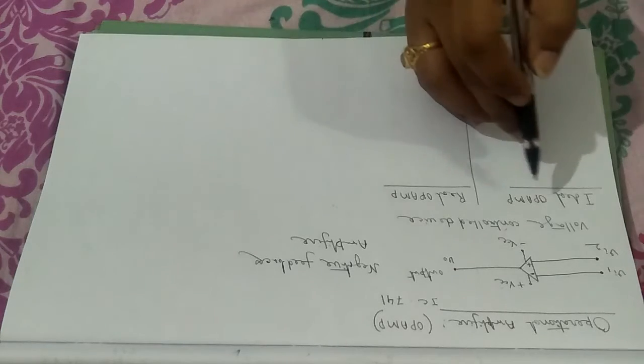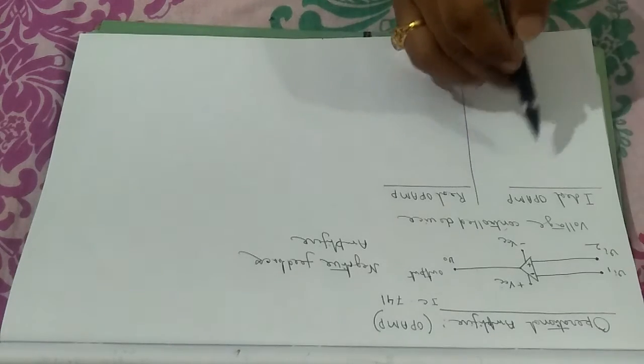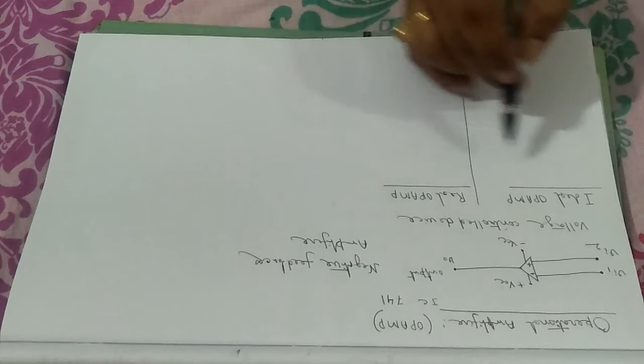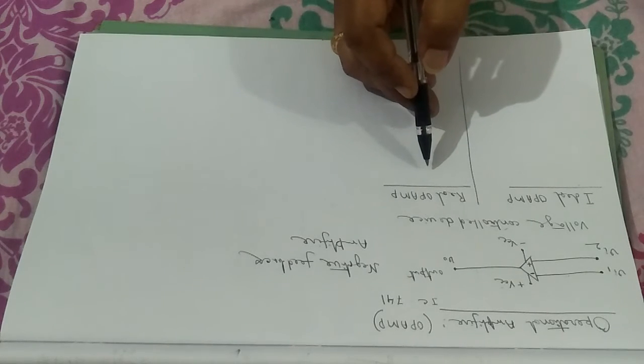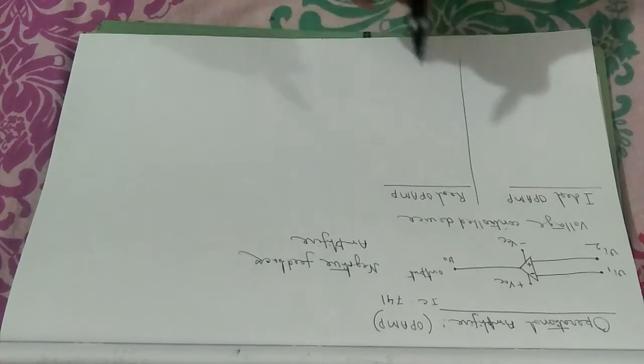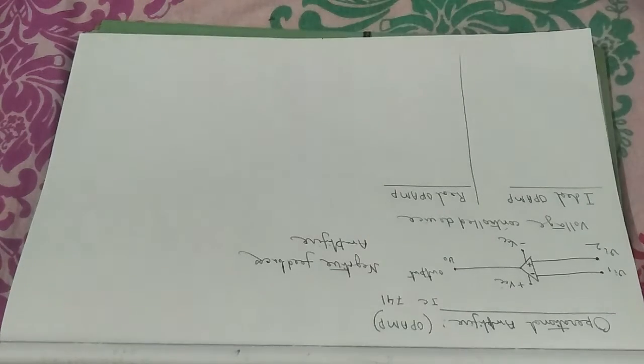And the ideal op-amp is perfectly balanced. Perfectly balanced means its characteristics will not change with temperature. But in real op-amp, the characteristics do change with temperature. Why? Because as you have seen, op-amp is nothing but one type of semiconductor device, because inside it there are several transistors and several resistors. A semiconductor device will change its characteristics upon temperature.